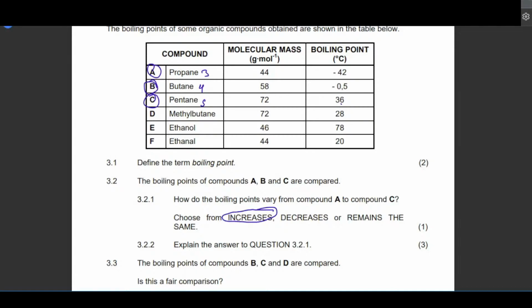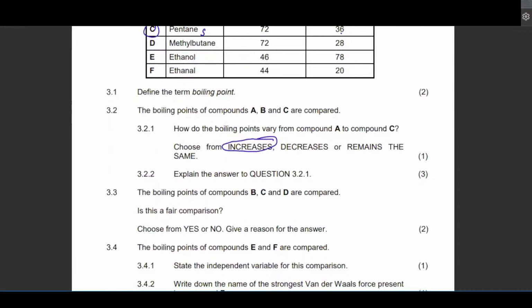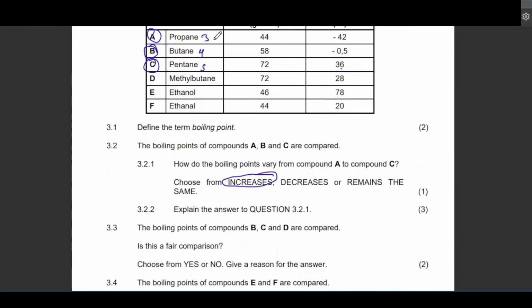You have given the answer already: it increases because of the increase in the number of carbon atoms, and then it increases the intermolecular forces of attraction. The London forces increase, and this will require more heat to break these forces. Hence, the boiling point increases.